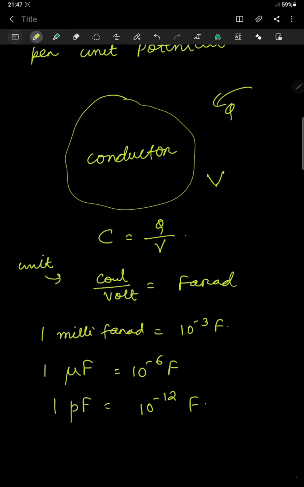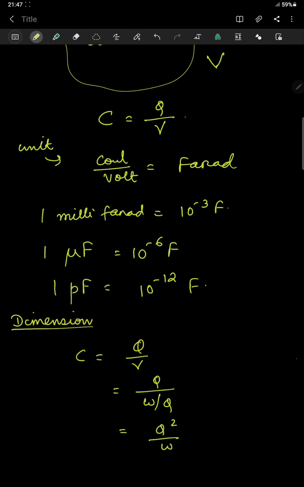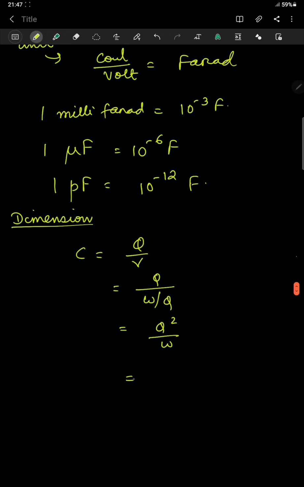Okay, so after units, let us go to the dimension. What is the dimension of capacitance C? So we know C is equal to Q by V, and potential is nothing but work done per unit charge. So Q square by W. Work done can be written as force into displacement.